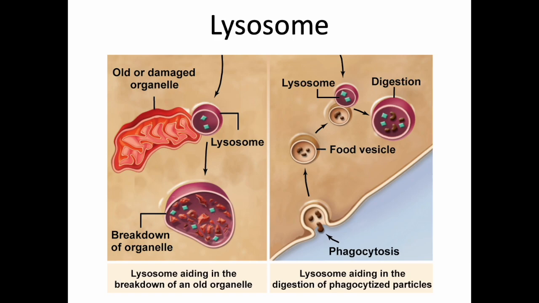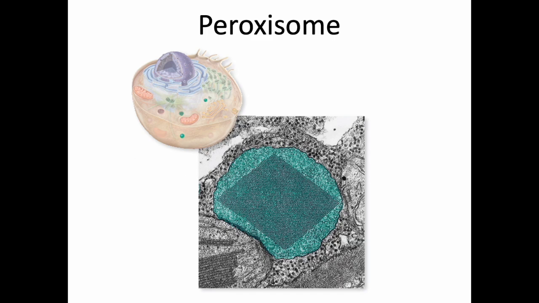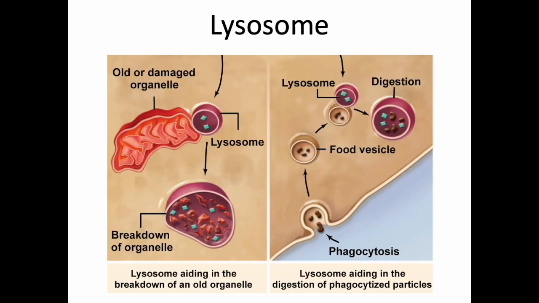So again, we've talked about breakdown with mitochondria, breaking down pretty much sugars, peroxisomes, breaking down lipids and fatty acids. Lysosomes are great at breaking down proteins and really big things. Sort of the all-purpose scrapyard of the cell.